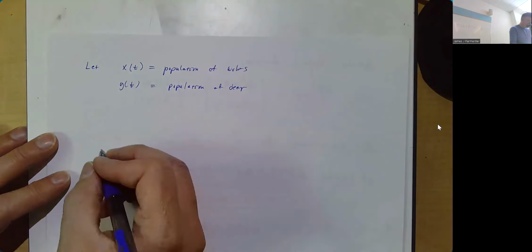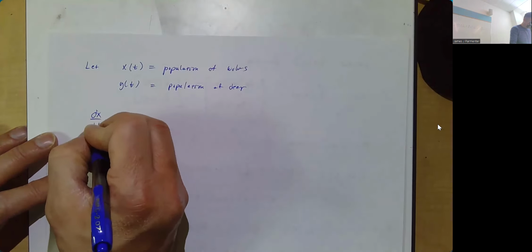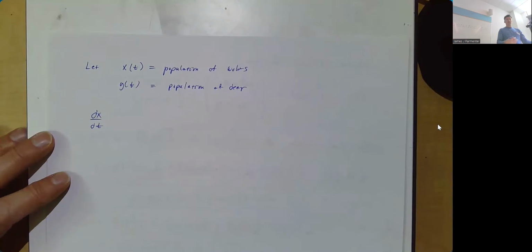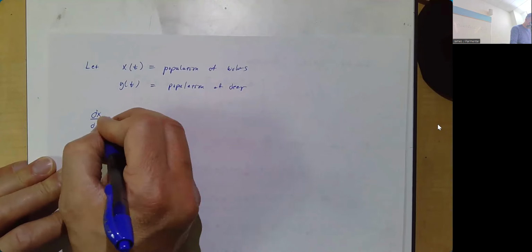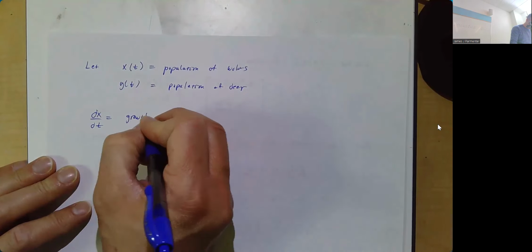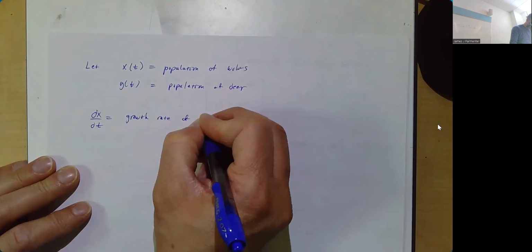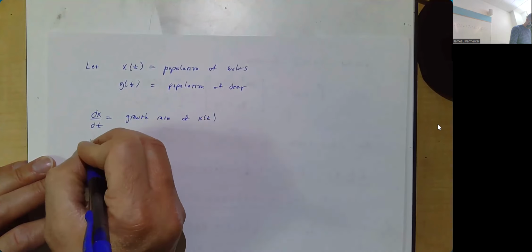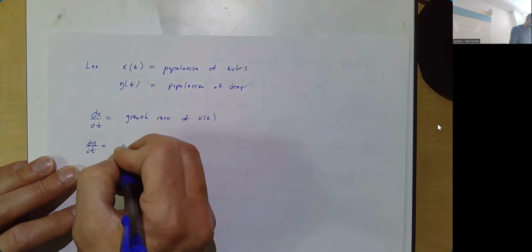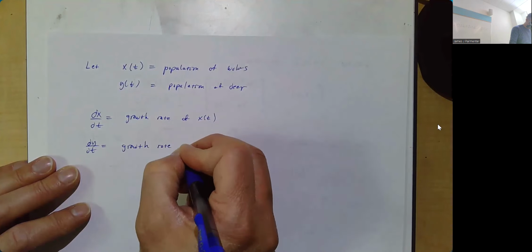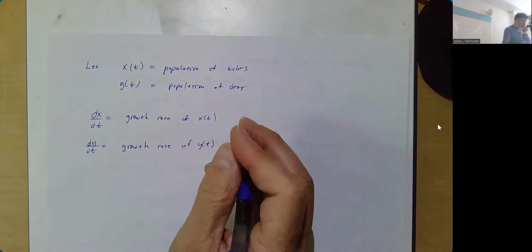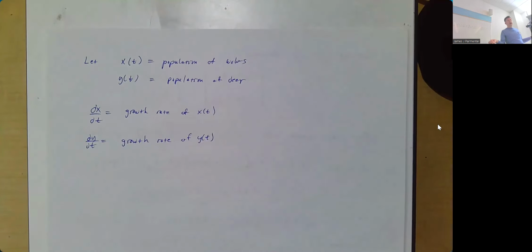And when you write dx dt, that is the growth rate of x. And similarly, dy dt is the growth rate of y of t.